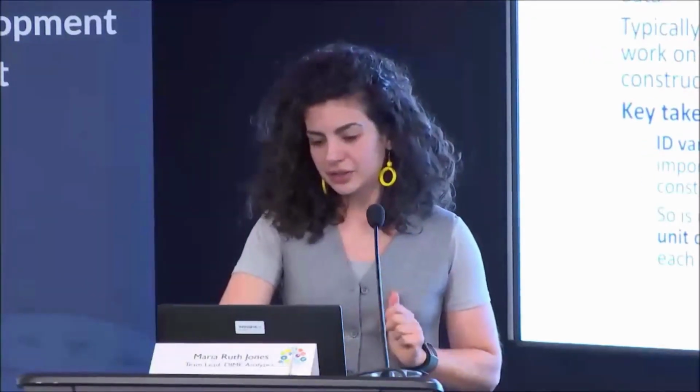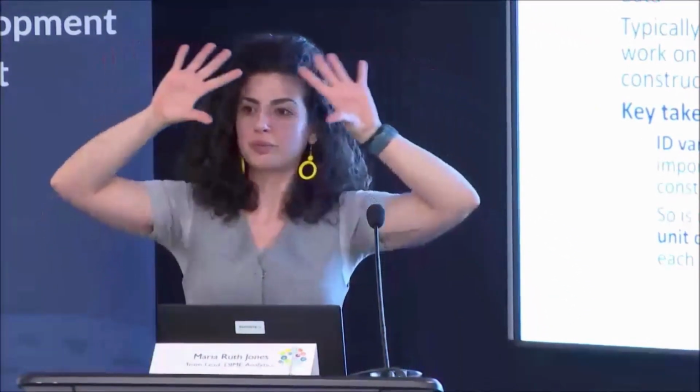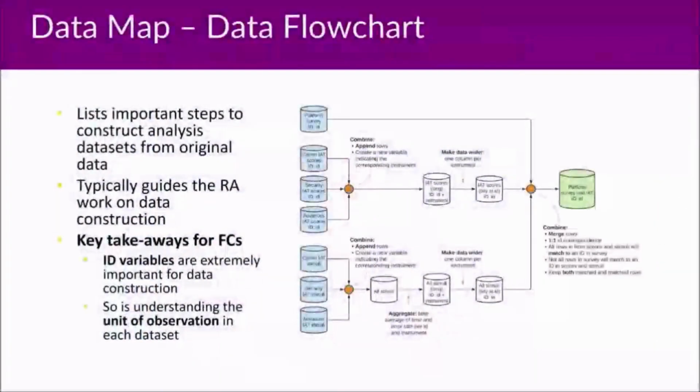And so this was just the list of all the data sets, and you have a broad plan on how to connect them. And then you have a data flow chart, which is basically a plan of how to actually connect them step by step.